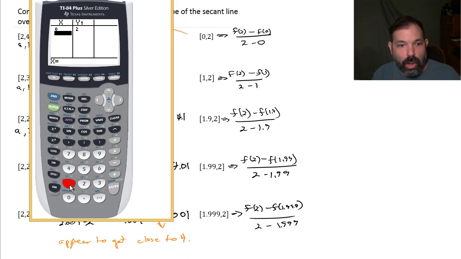If x is 1, then the slope is 3. If x is 1.9, the slope is 3.9. 1.99, 1.999. So we get these slopes: 2, 3, 3.9, 3.99, 3.999.